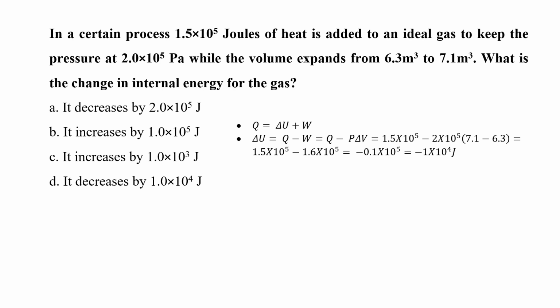On substituting the values given in the question, we get delta U is equal to minus 0.1 into 10 raised to 5, which can be written as minus 1 into 10 raised to 4 joules. The minus sign indicates that there is a decrease in the internal energy. So the correct answer is option D.